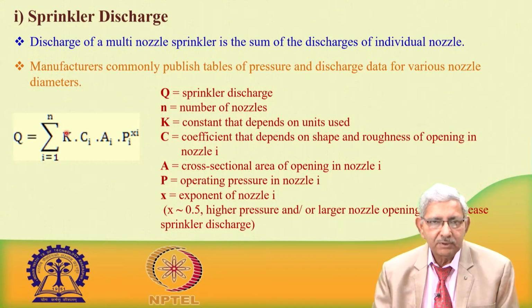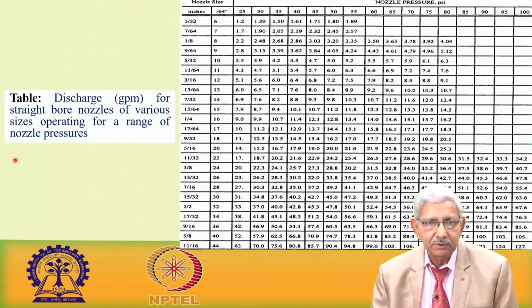So, the total discharge from a system is estimated by using this expression, where k is a constant that depends on the number of sprinklers used and on the units we are using. If the diameter is in centimeter or millimeter, and the pressure is in kilopascal, the value of k will change accordingly, and the discharge can be expressed in meter cube per second or liter per second. Normally, these two units are used.